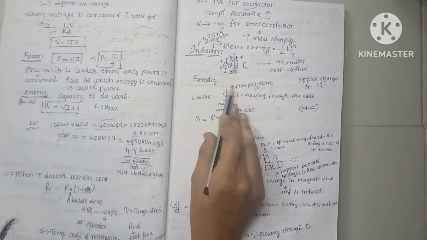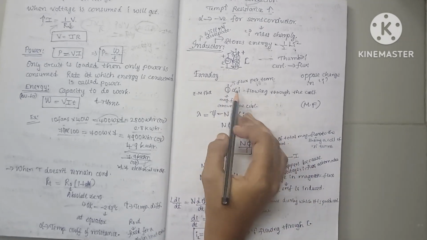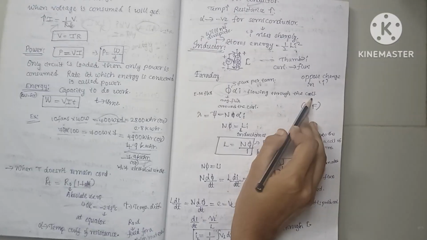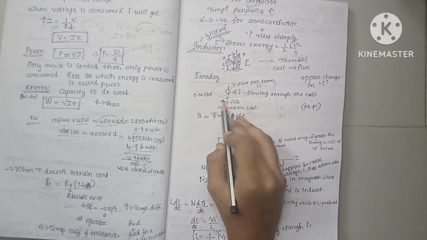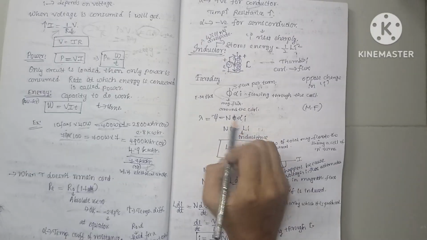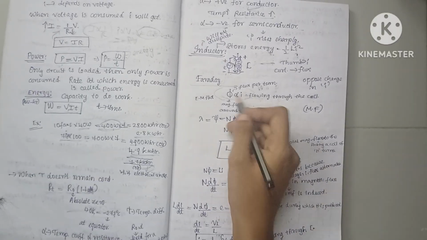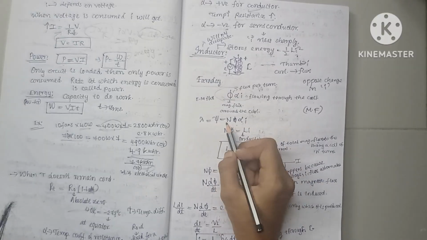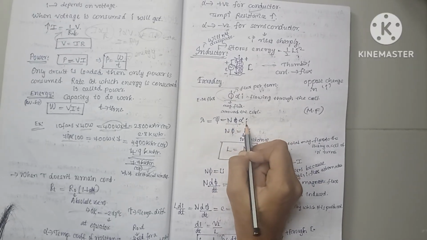And this Faraday law says that flux per turn is directly proportional to the current flowing through the coil. Here this flux is the magnetic flux around the coil. If there were N turns, then N phi is directly proportional to current.